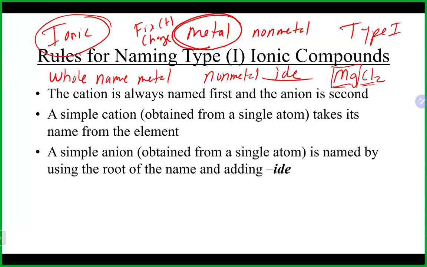I'm going to look at the periodic table, and I'm going to see that magnesium is group number 2, which means it has a fixed positive charge. Because it has a fixed positive charge, that tells me it's a type 1, which means I just roll into my naming. Whole name of the Mg is magnesium, right? And the chlorine becomes chloride, and that would be magnesium chloride, right?